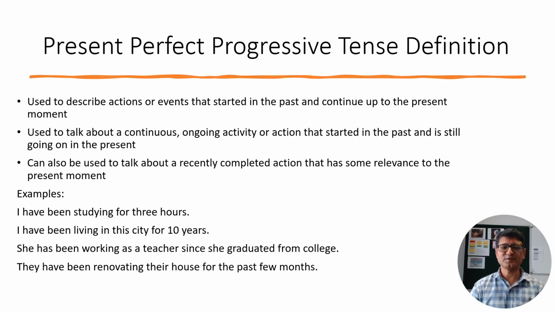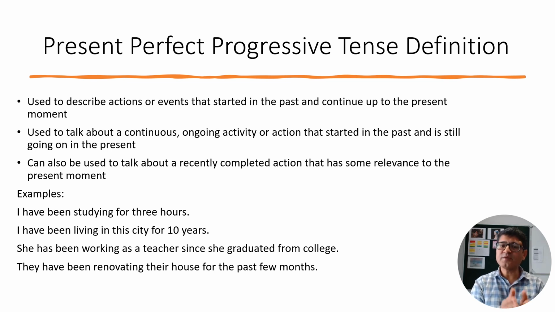So let's get going. Present perfect progressive tense is used to describe actions or events that started in the past and continue up to the present moment. It is used to talk about a continuous ongoing activity or action that started in the past and is still going on in the present.